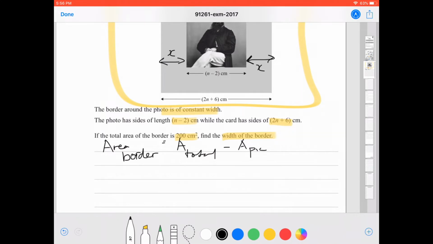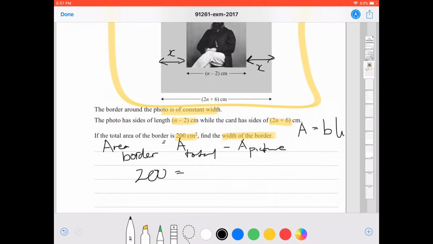So this is how I like to set up my equations. There's probably other ways of doing it. And here we know the area of the border, it's 200. And we have to insert some side lengths for the total area of the whole shape and area of the picture. Now the first thing to note is area is obviously base times height in this situation.